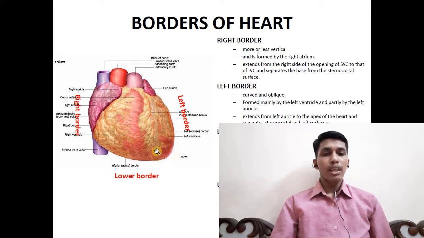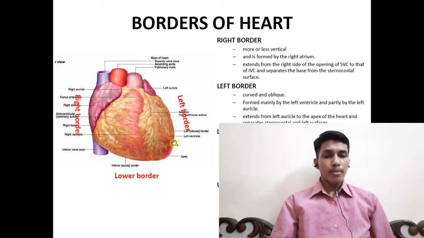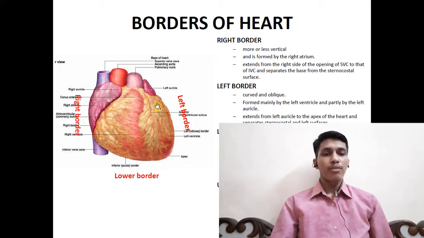Apex is the lowermost blunted end, the projecting conical structure present at the lower surface of the heart. It is formed of the left ventricle. So it extends from the left auricle to the left ventricle, and this left border separates the sternocostal surface, the anterior surface, from the left lateral surface.